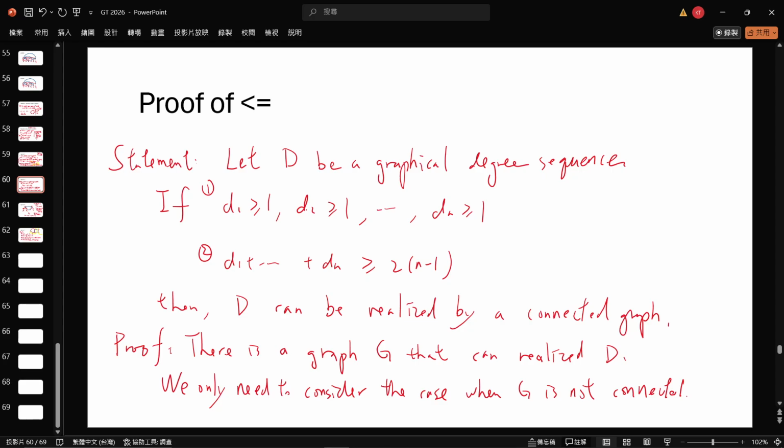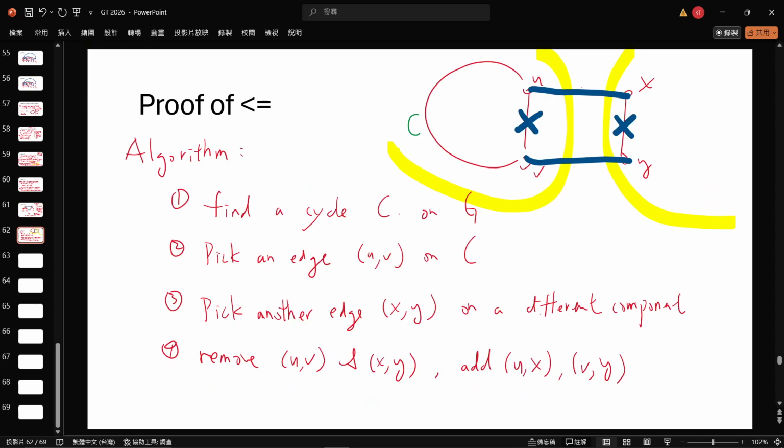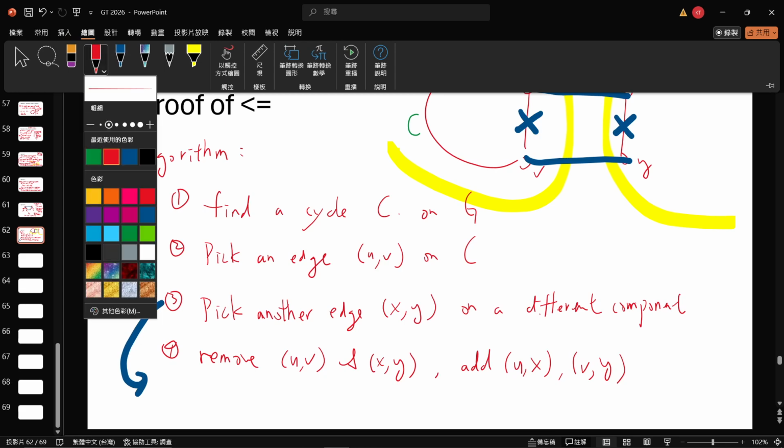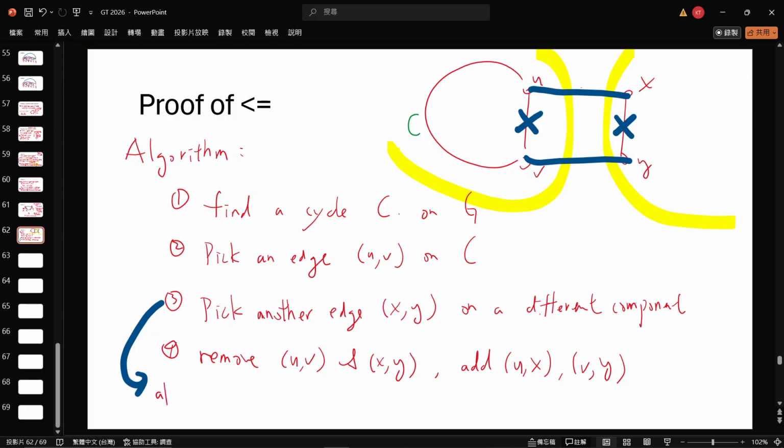Therefore, every component has at least one edge. So this step is always doable because every degree is at least one.